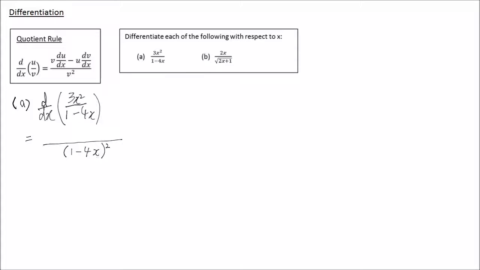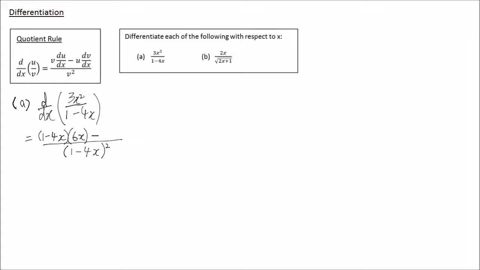Then we copy this denominator here at the top, but without the square. And we differentiate the numerator. 3x squared when differentiated will give us 6x, because you bring the 2 down to multiply by 3 and reduce the power by 1. We will get 6x.